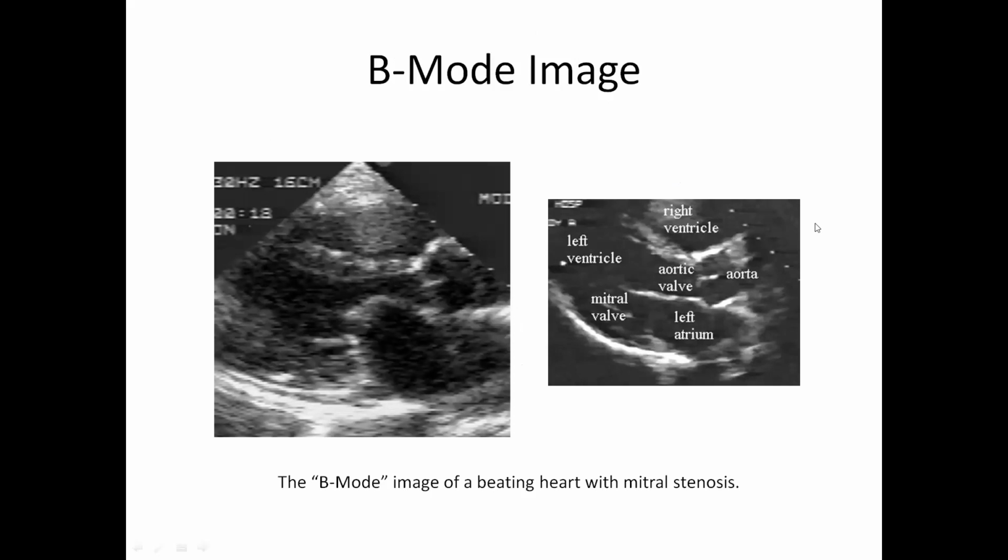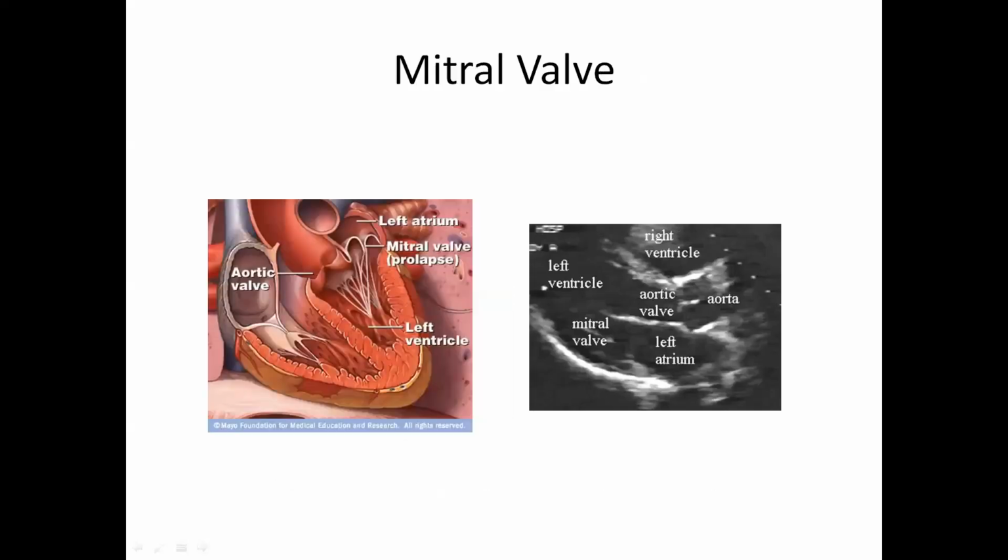He has the knowledge to identify the ventricles and where the concerned walls are. See here in figure B, we have the left ventricle, right ventricle, aortic wall, mitral wall, left atrium, and aorta. This is the B mode image for the mitral wall.